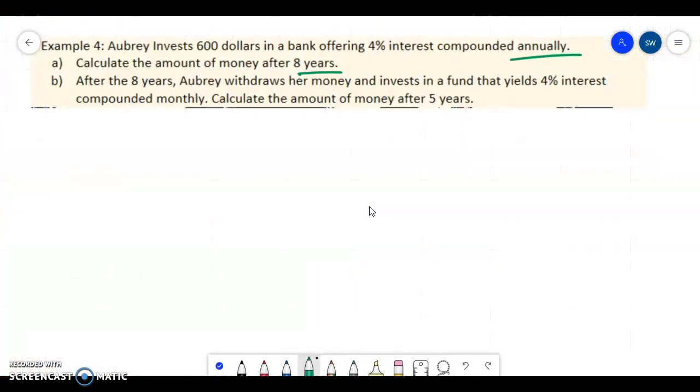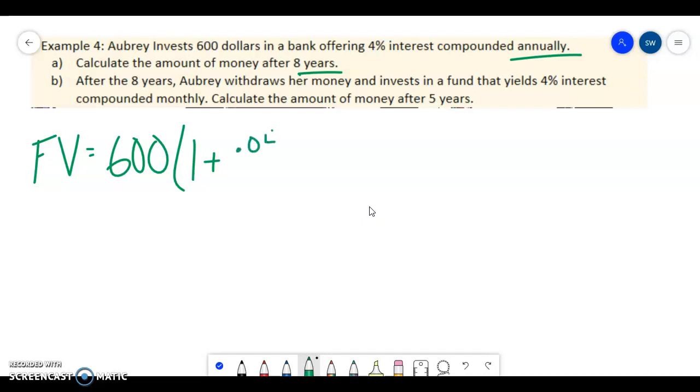So, future value would equal our initial investment, $600, times 1 plus, I'm just going to immediately write this as 0.04 for interest over 1, since this one's just compounded annually, and then times 8, because it's 8 years.